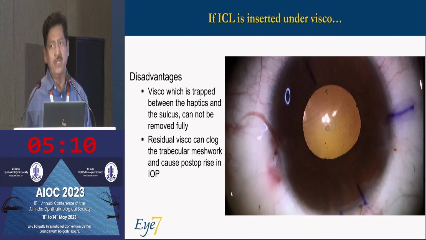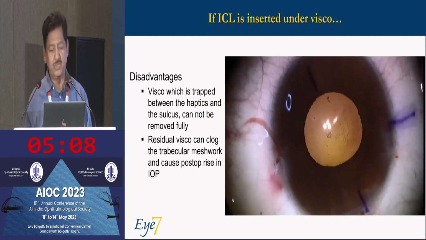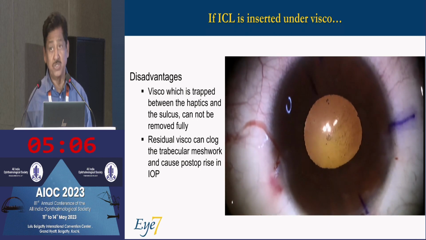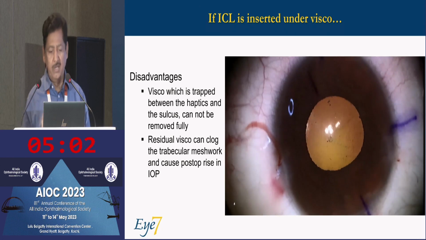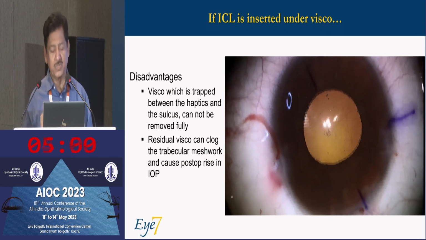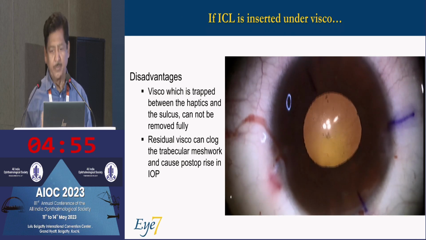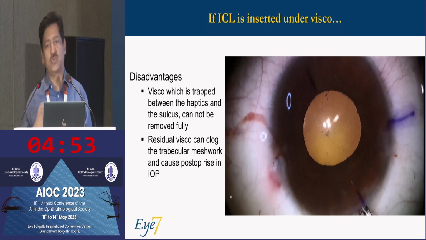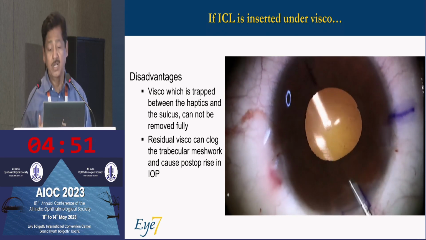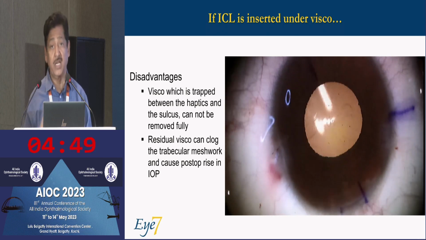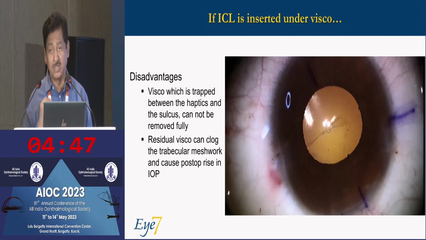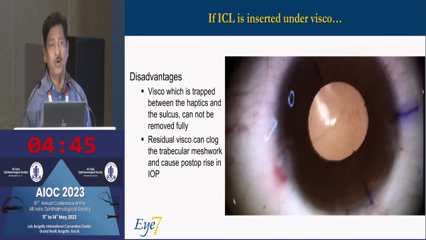See, despite 1 minute of irrigation aspiration, there is still visco there, which was trapped in the haptics. I do a little irrigation again to take out this visco, and the moment I come out again, the pressure comes down and then more visco starts coming out. So you can imagine how much visco is still retained even after a thorough visco removal of 1 minute.